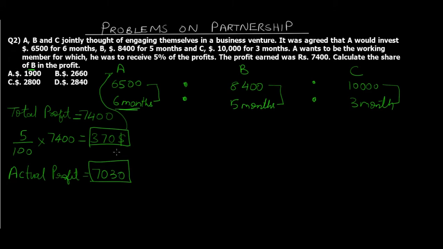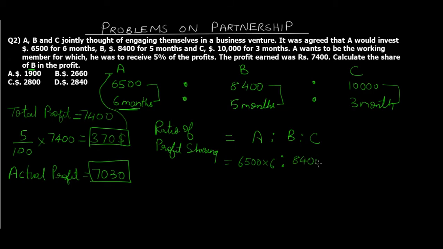So now we can go ahead and find out the ratio of profit sharing between the three, A is to B is to C, which is equal to 6,500 into 6 is to 8,400 into 5 is to 10,000 into 3. So this ratio comes to 39,000 is to 42,000 is to 30,000.